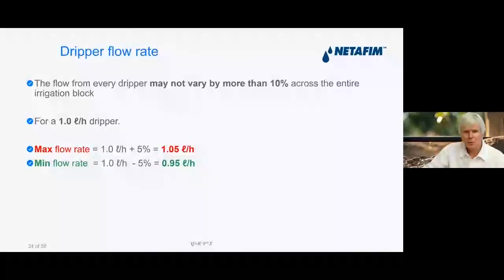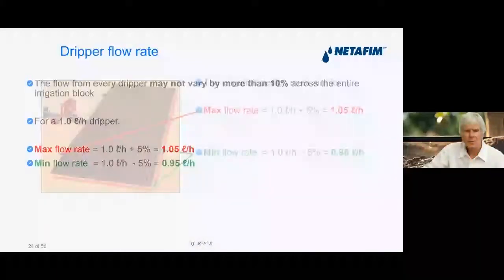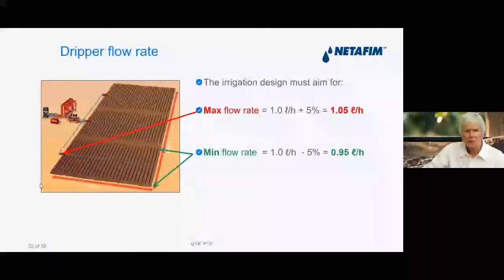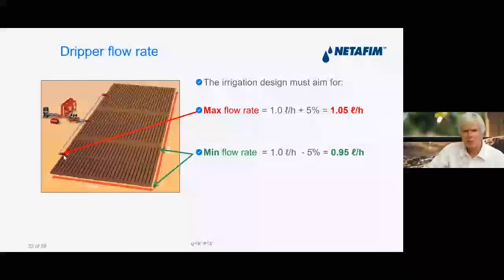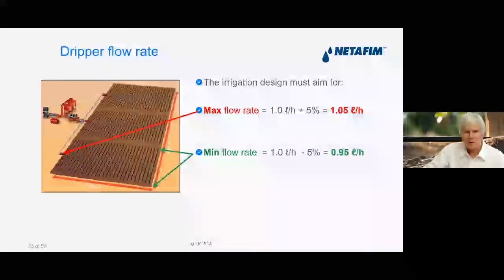So our maximum flow rate is 1.05, minimum is 0.95. So therefore, at the beginning, just after the irrigation valve, that's where our maximum flow rate will be, 1.05 litres an hour, and then the last drippers at the end will be 0.95 litres an hour.